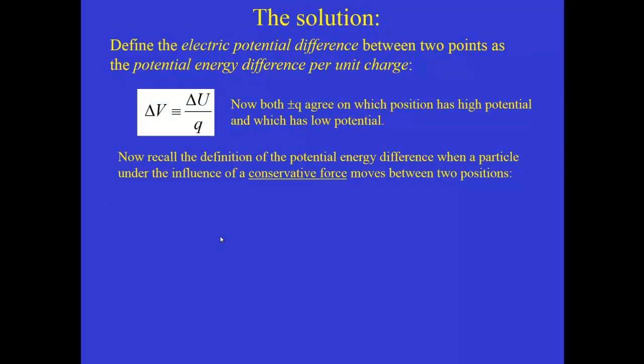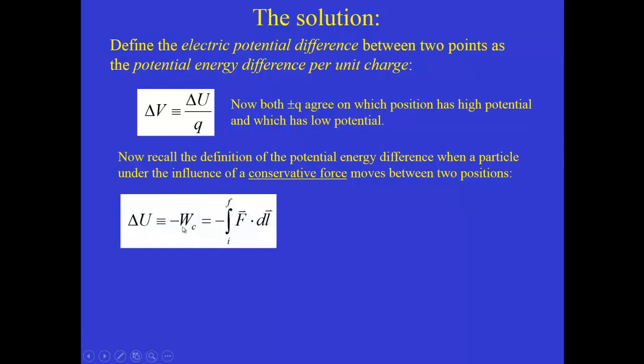Now recall, we can expand on this definition by using the relationship for the potential energy difference when there's a particle under the influence of a conservative force moving between two positions. You might remember this definition.